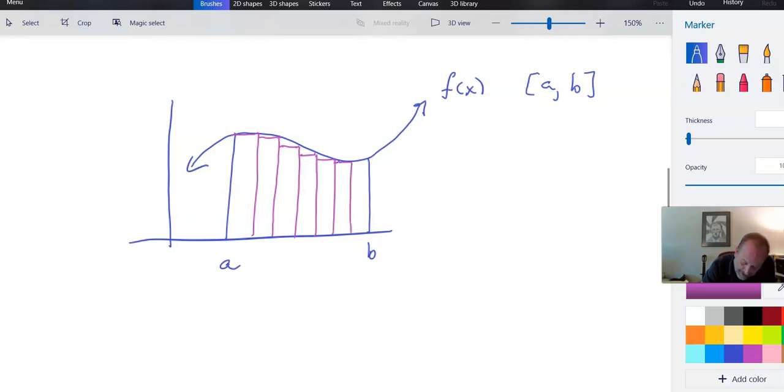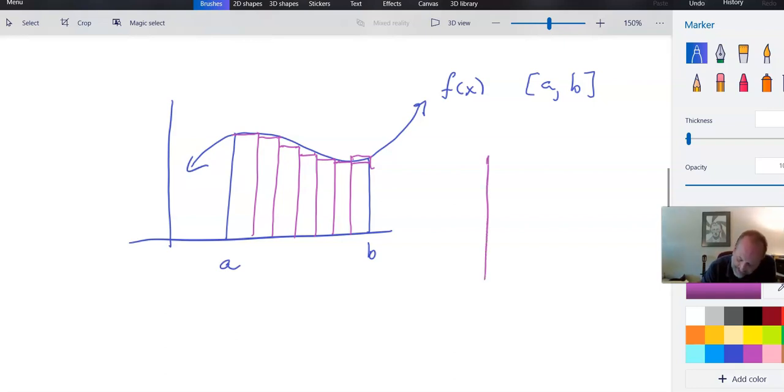And then you can add up all the individual rectangles. Oh, I did that one wrong. That should have been here. You can add up all the areas of all those individual rectangles and get an estimate of the area underneath the curve. The more rectangles you have, the better the estimate. That's the idea. So let's take a look at one of these rectangles.